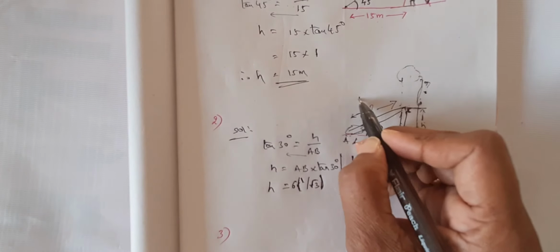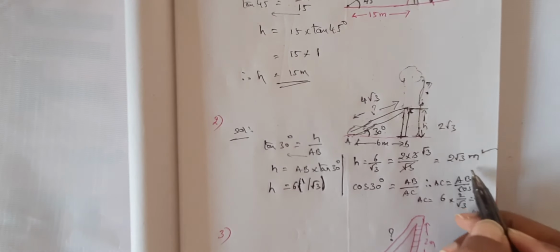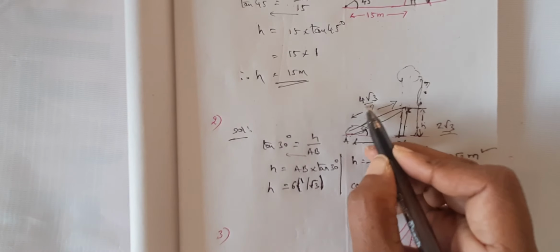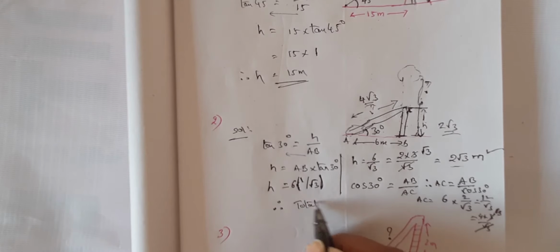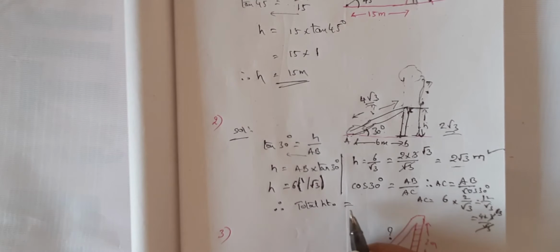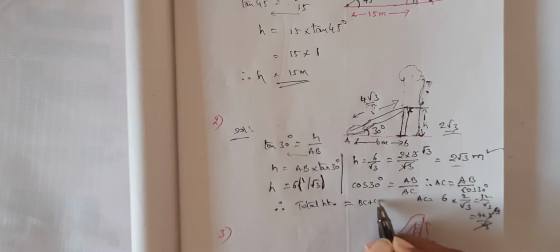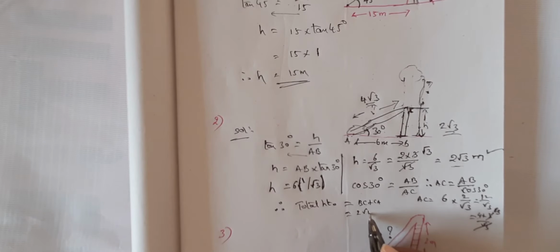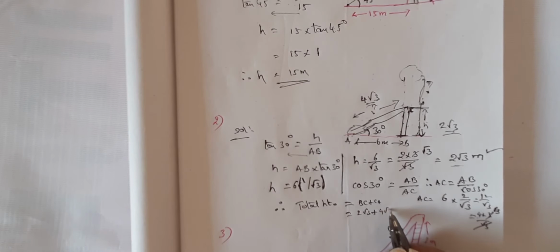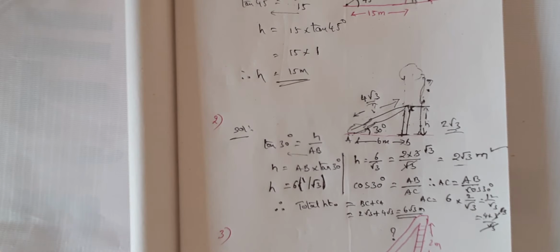I got 2 root 3 here and 4 root 3 here. So therefore, the total height is equal to BC plus CA, which is 2 root 3 plus 4 root 3, which is equal to 6 root 3 meters. Perfect? Note it down.